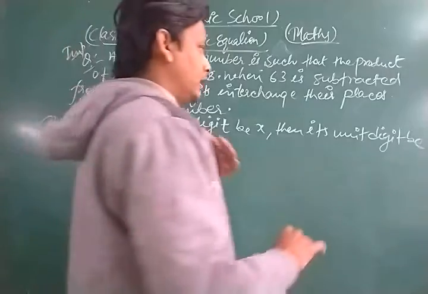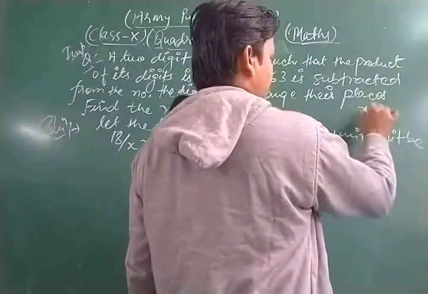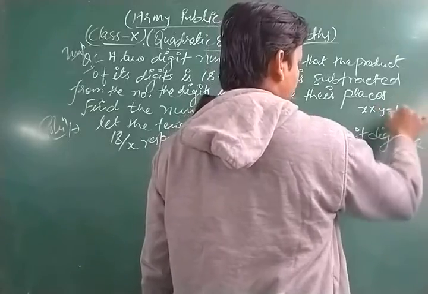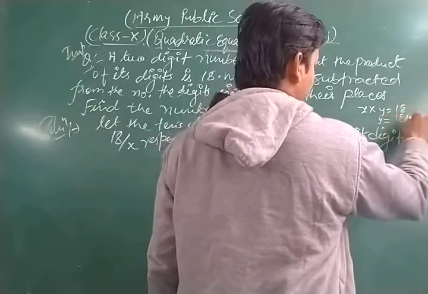We suppose that if one number is x, then the other number is 18 upon x.